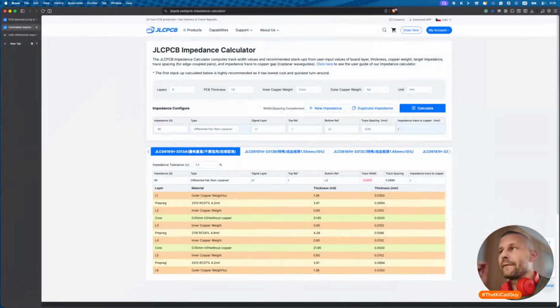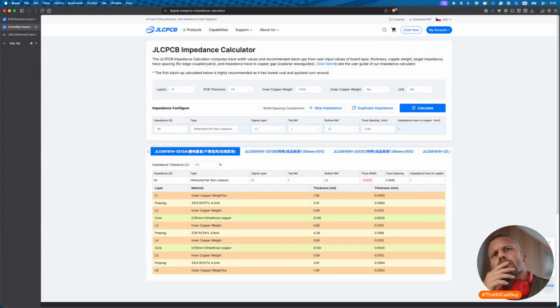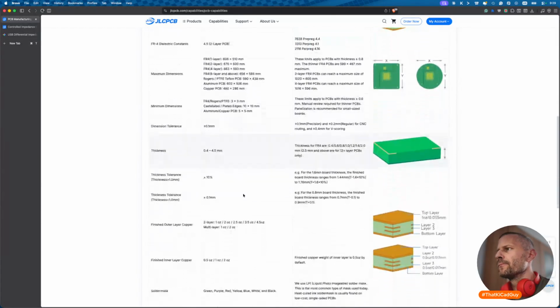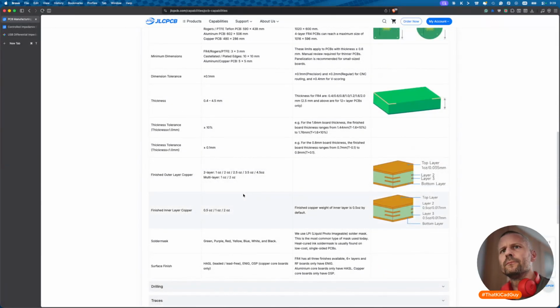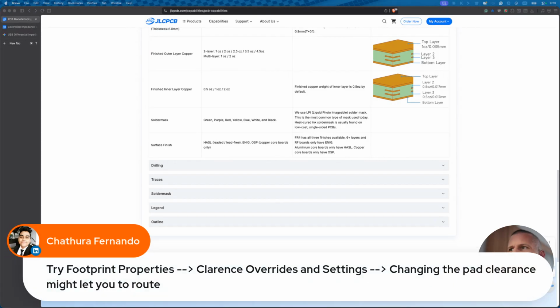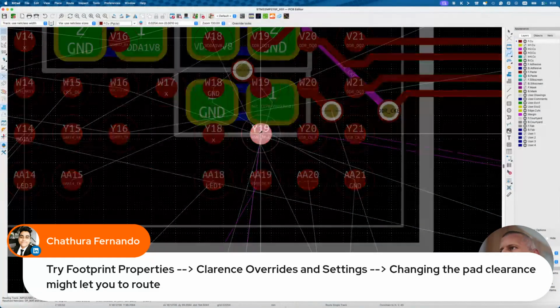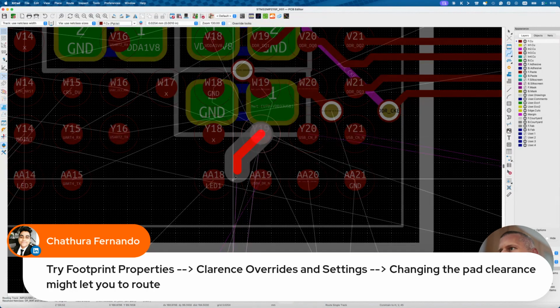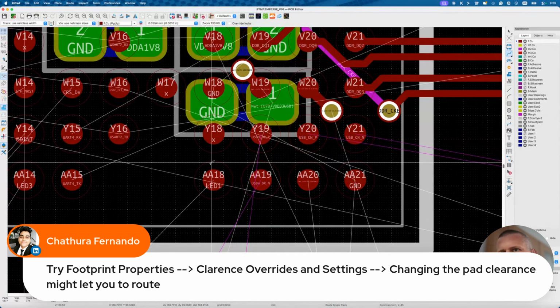Of course, you can hold a command key or control key, I think you can still route through because it overrides the DRC.